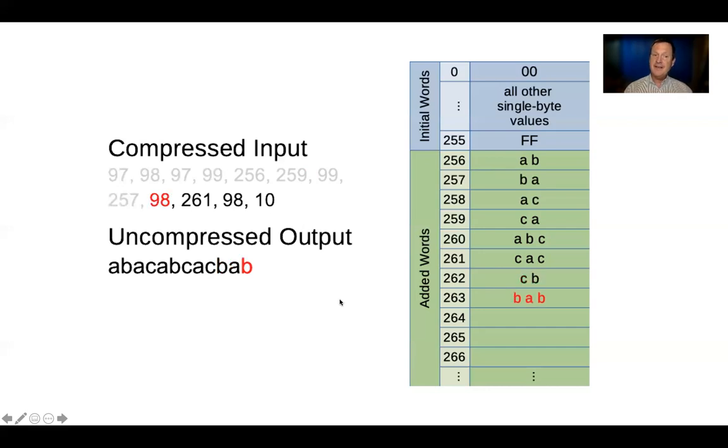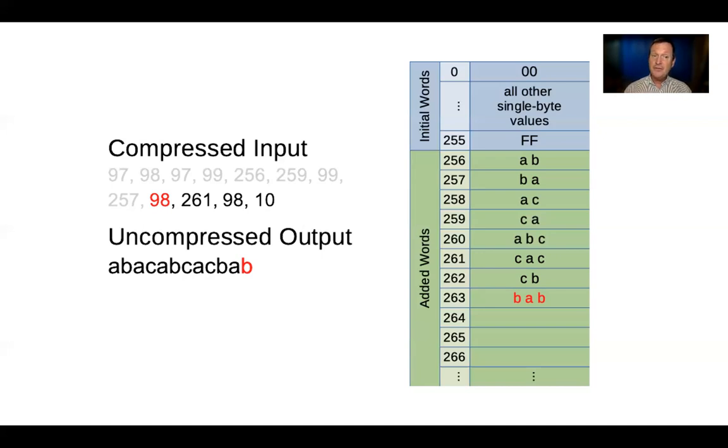The next 98 is a code for B. So we put B in our uncompressed input. That's the next byte in what's going to be our output. And then we add BAB. The previous word was BA, plus this 1 next character B. That's the next thing that goes in our dictionary.